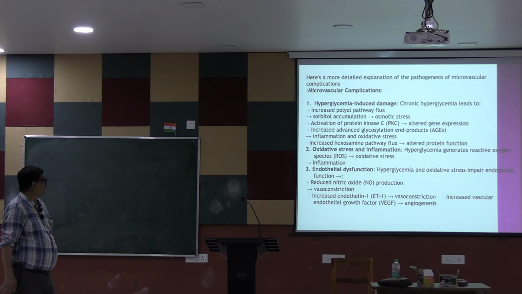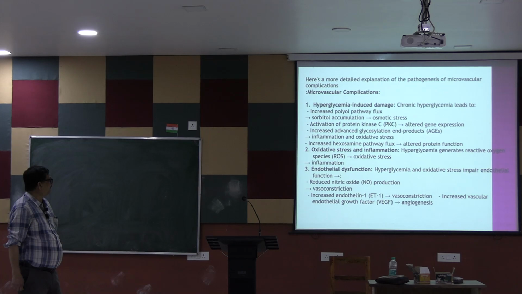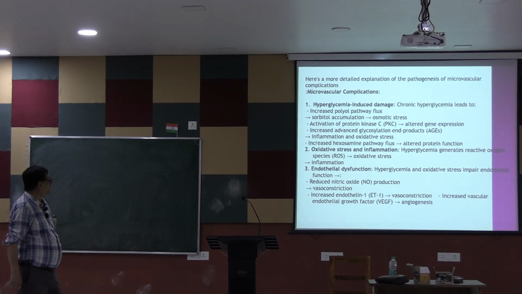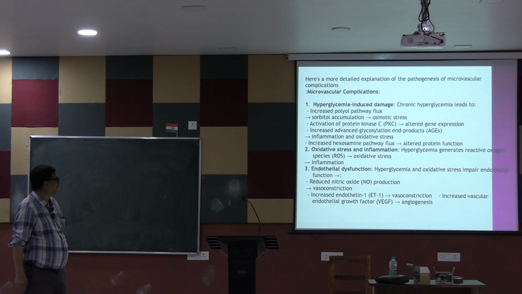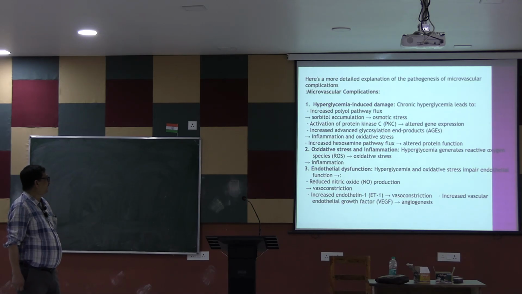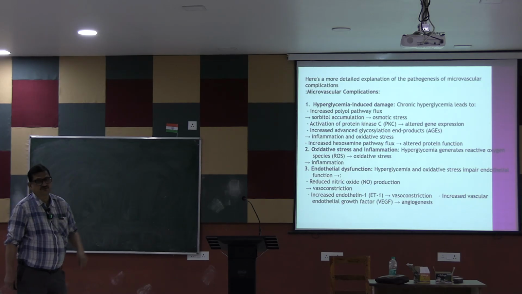Activation of protein kinase C causes altered gene expression. Increased advanced glycation end-products, AGEs, oxidative stress and inflammation. Increased hexosamine pathway flux, they all alter protein function. So this is hyperglycemia itself causing damage to the end organs.